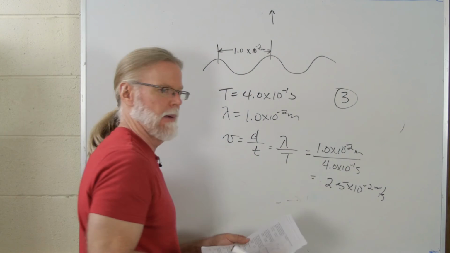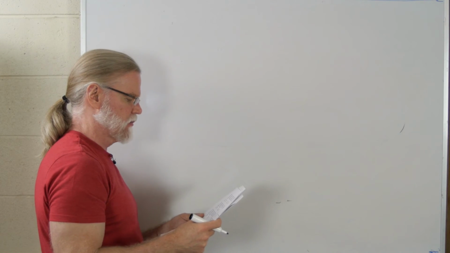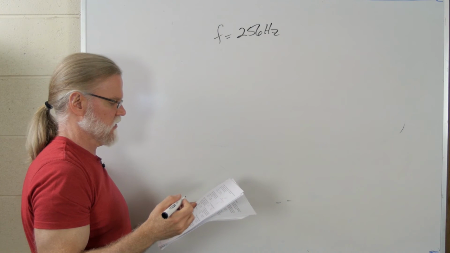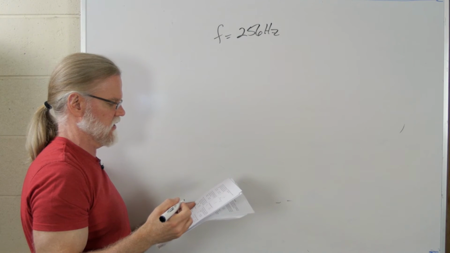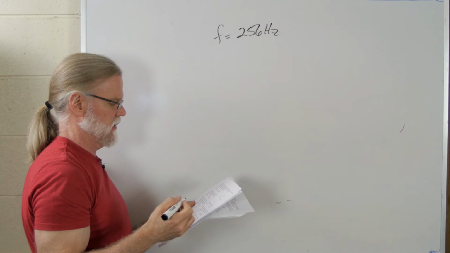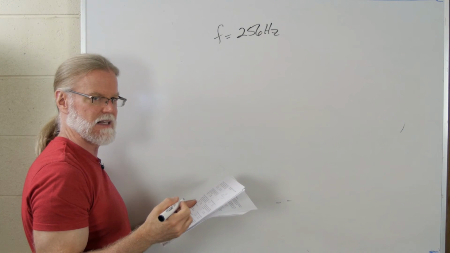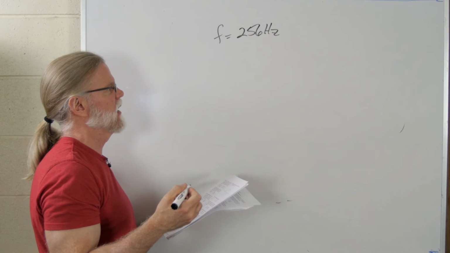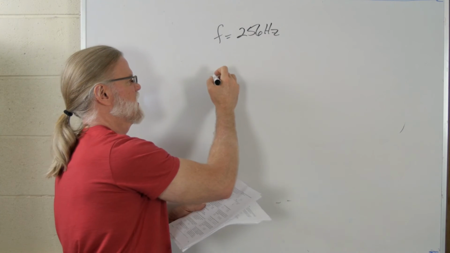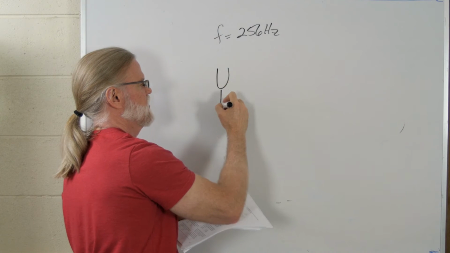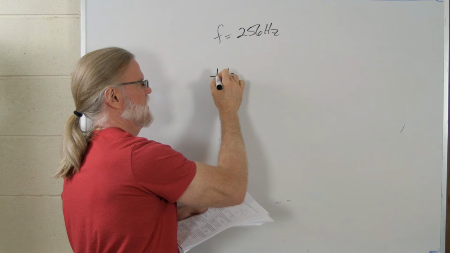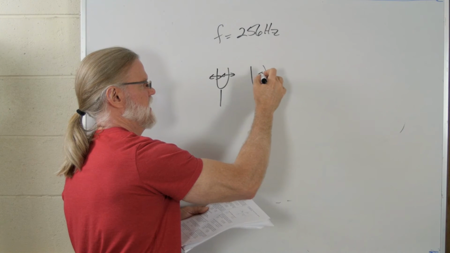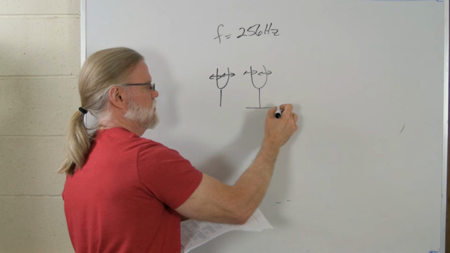3. All right. Number 25, a vibrating 256 hertz tuning fork transfers energy to another tuning fork, causing the second one to vibrate. This phenomenon is an example of, well, I did this in class, remember? I had one tuning fork going back and forth at 256, and that made another one vibrate just by being near it.